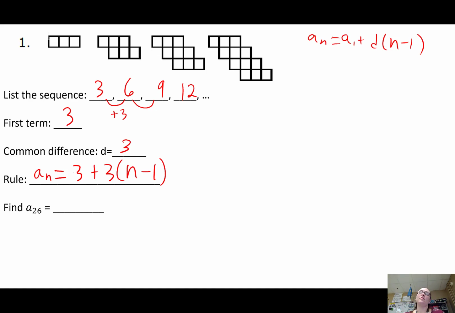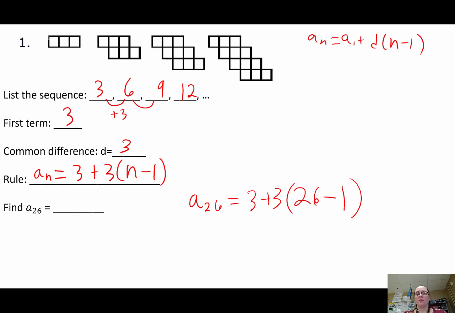So now I want to find a sub 26, or the 26th term. So a sub 26 is going to equal 3 plus 3 times 26 minus 1. All I did was replace the n with 26.